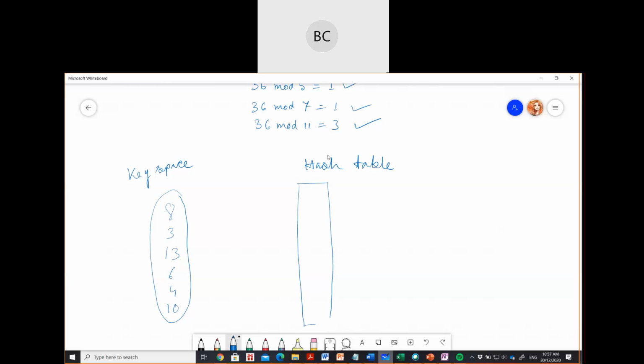Okay, so there will be a hash function. Hash function can be any function. You can use any hash function as per your convenience, but the very basic one is like x mod table size. Okay, why do we need hash table actually? What's the main purpose of hash table? You know about direct addressing, direct access table?